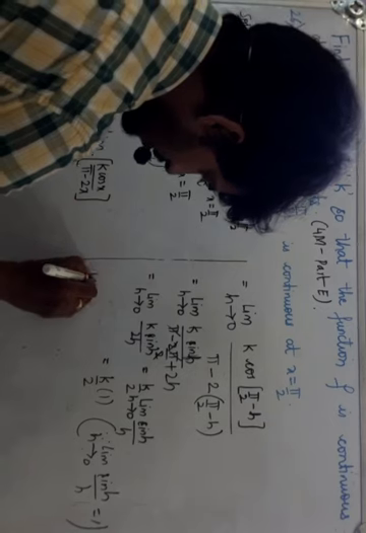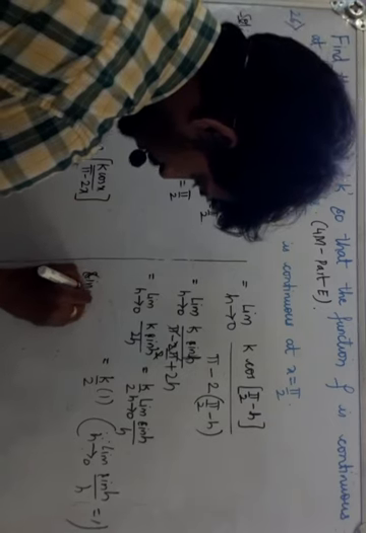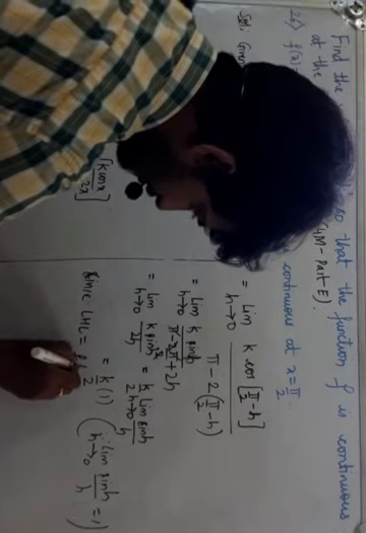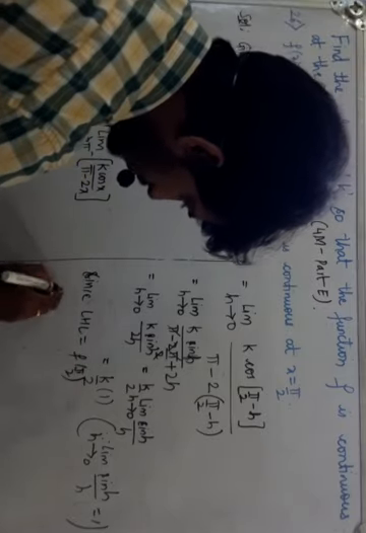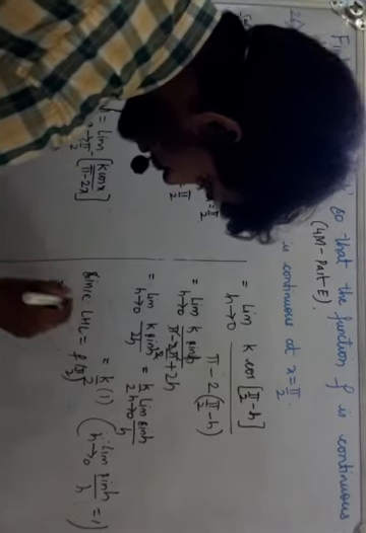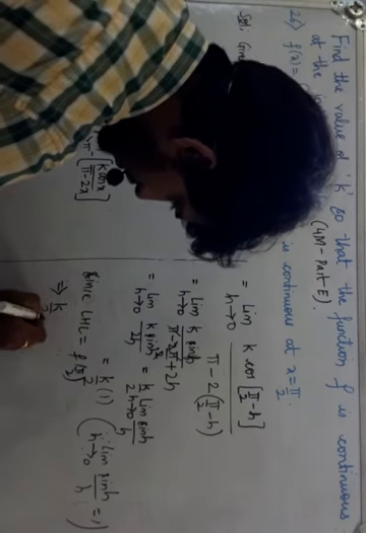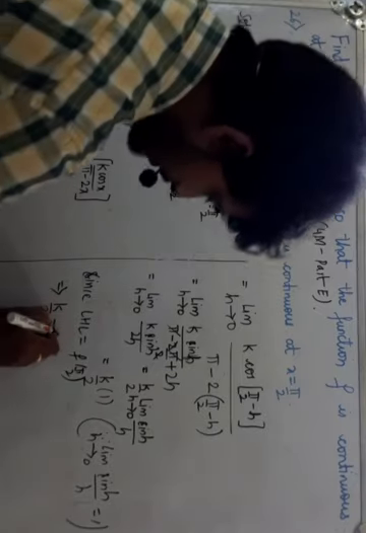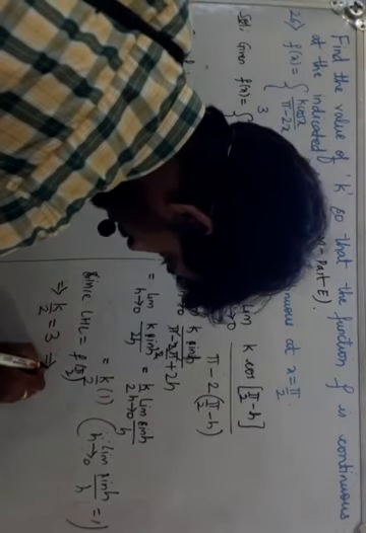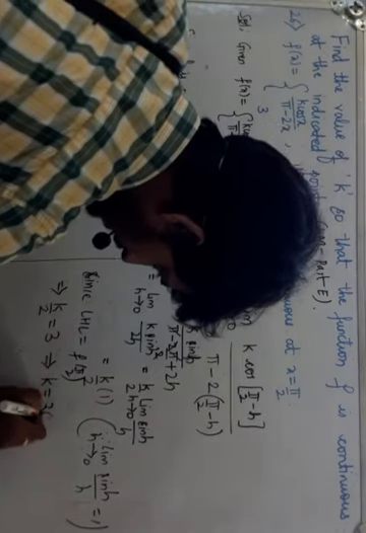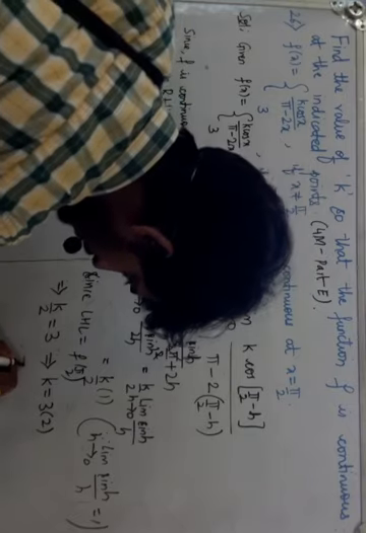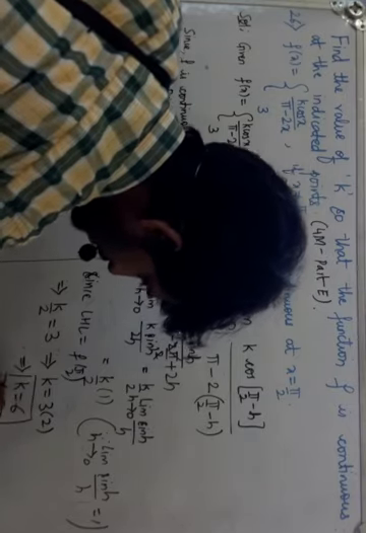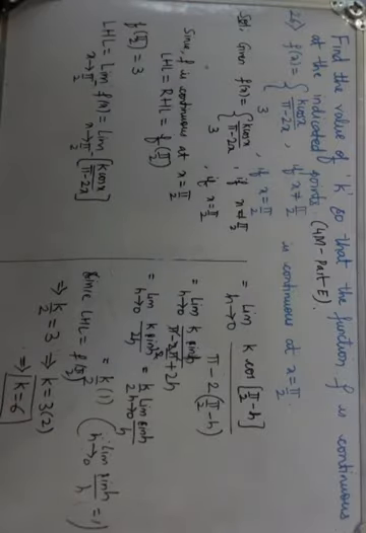Since LHL is equal to f of pi by 2, and the LHL is k divided by 2, this equals f of pi by 2, whose value is 3. So k will be 3 into 2. This implies k is equal to 6. Therefore the value of k is 6.